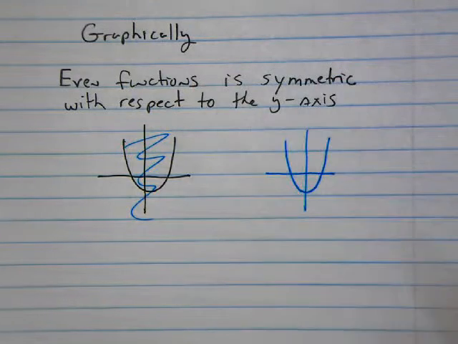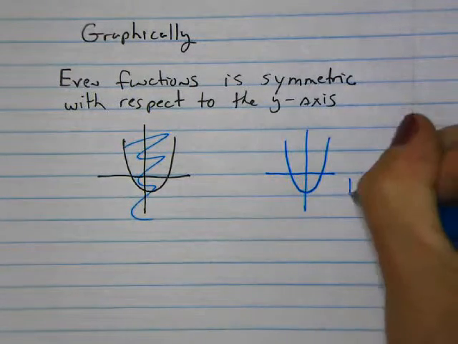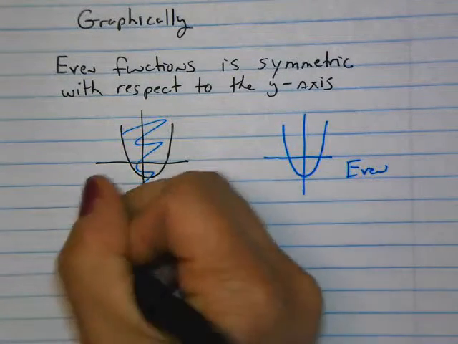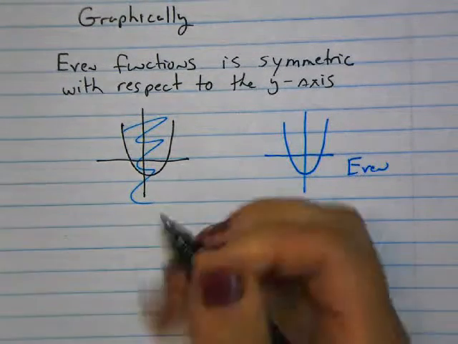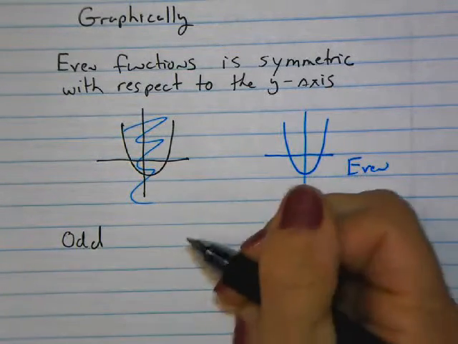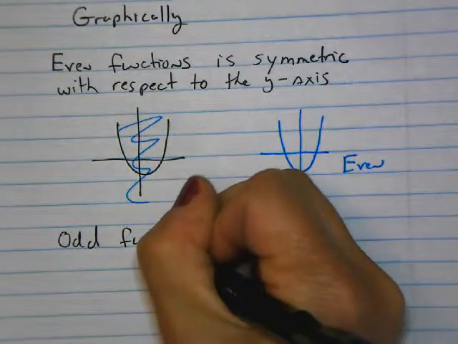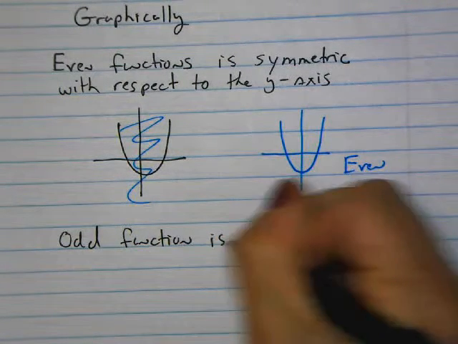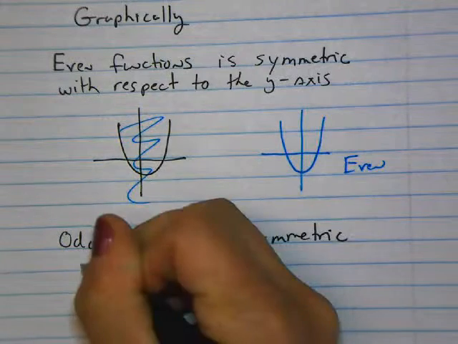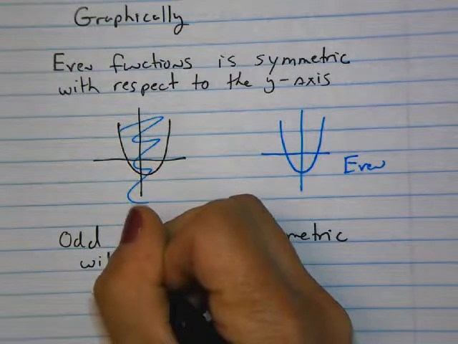An odd function is symmetric about the origin. So an odd function is symmetric with respect to the origin.